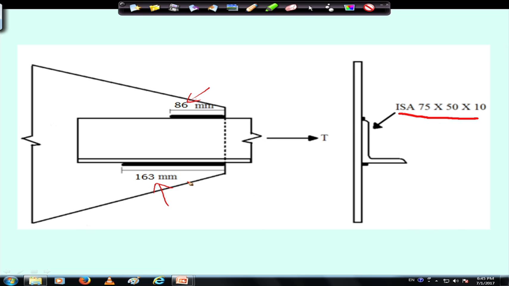So, the weld distribution has been done in such a way that the CG of the weld group and the CG of the angle are coinciding, so that there should not be any eccentricity of the member, right. So, this is how we can design a tensile member due to axial tensile force, right.